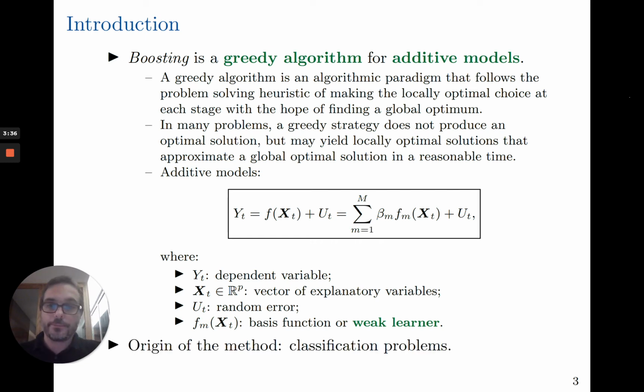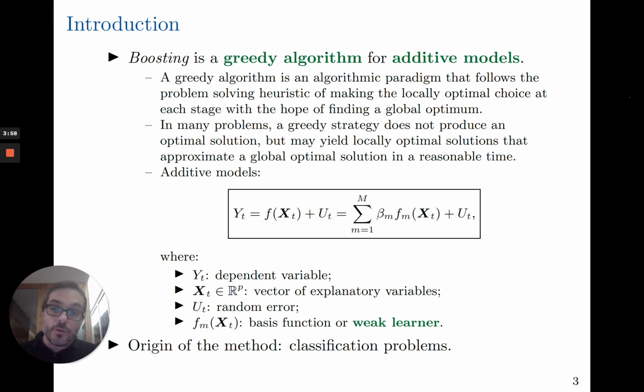But once we combine these models, we can have, at the end of the day, a very, very powerful solution. Okay, and the origin of this method is on classification problems, but here we are going to use it for regression problems. Okay, in this lecture we are going to focus on linear models, so boosting applied to linear specifications.